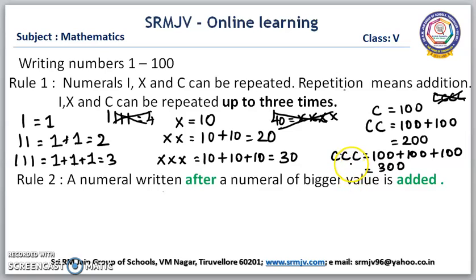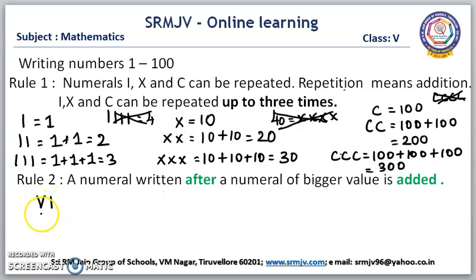Is it clear children? The next rule is a numeral written after a numeral of bigger value is added. Let us see one example. VI. The value of V is 5. The value of I is 1. The numeral written after a bigger value is added.